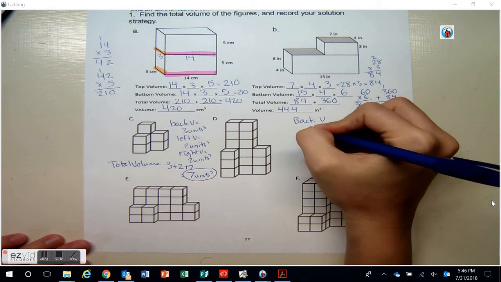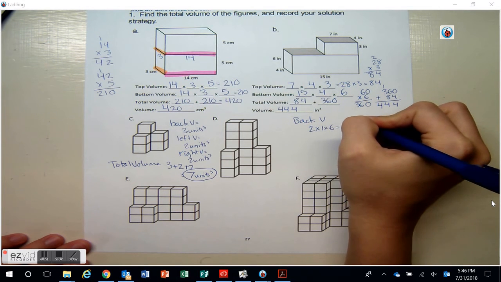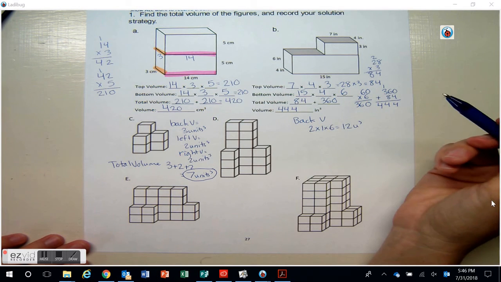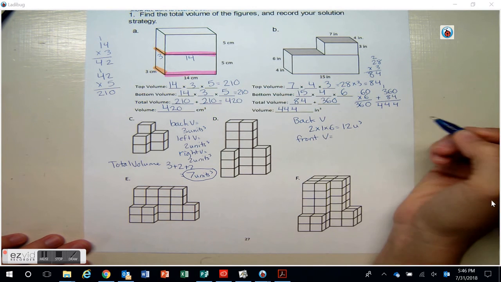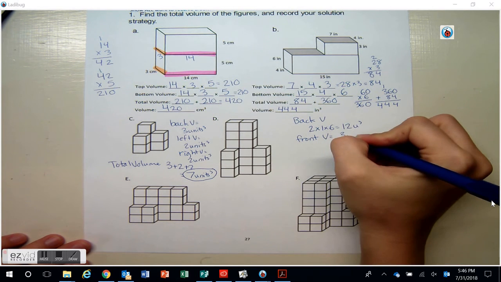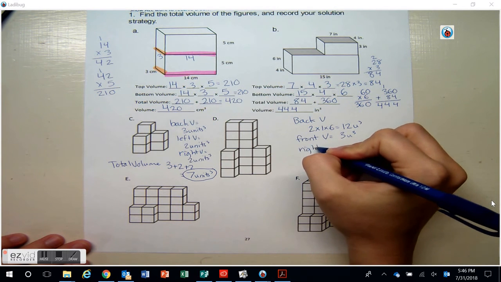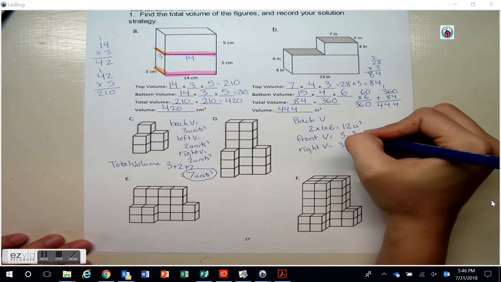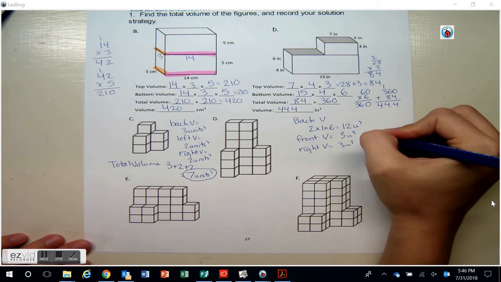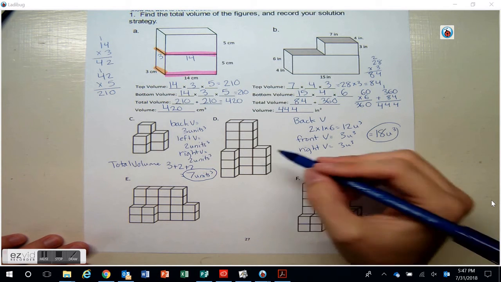So 2 times 1 times 6 gives me a volume of 12 units cubed for that back volume. Let's call it front just so that we're doing a better job. Front volume is 3 units cubed, and the right volume is 3 units cubed. So 12 plus 3 is 15. 15 plus 3 is 18 units cubed. That's the volume of shape D.